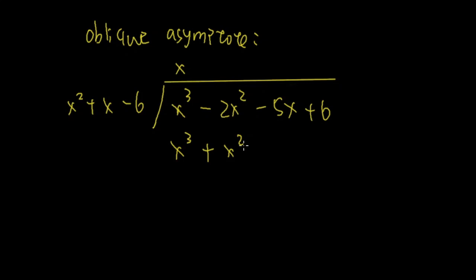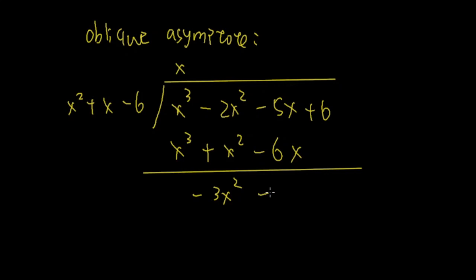Negative 6 times x is negative 6x. Now, x cubed minus x cubed is 0. Negative 2x squared minus x squared is negative 3x squared, negative 5x minus negative 6x plus x. Now 6 minus 0 is 6.